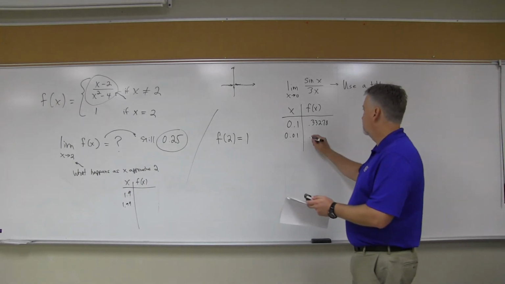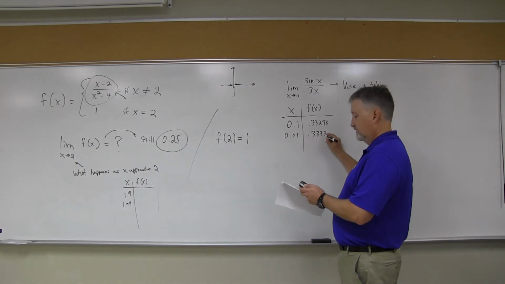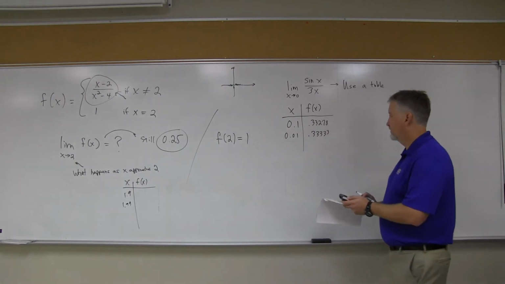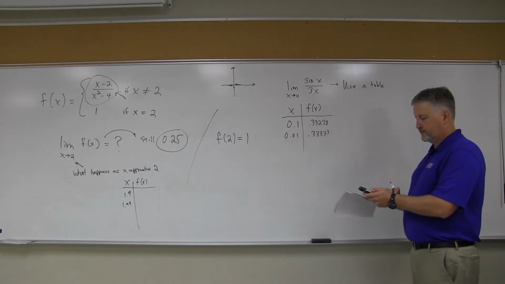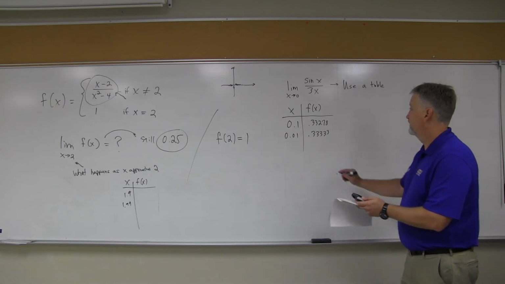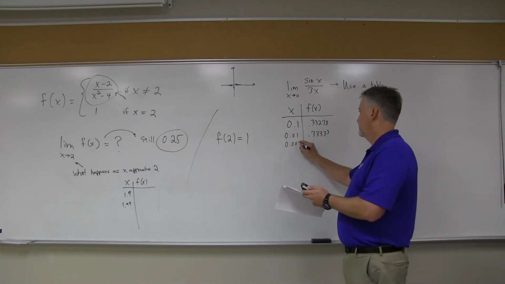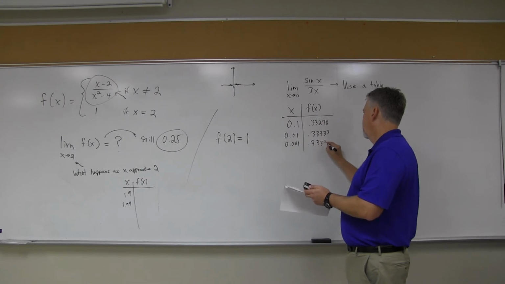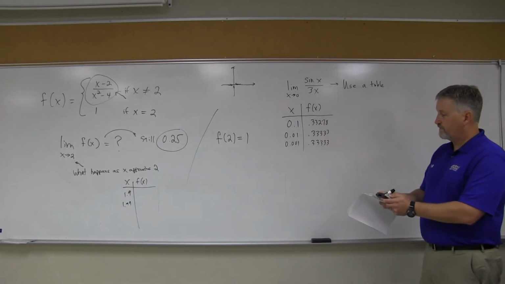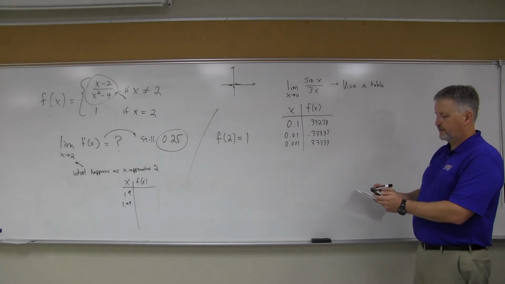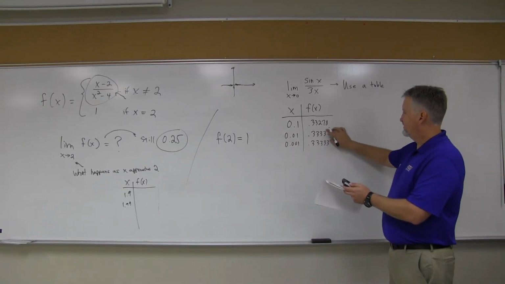And it gives me 0.333. And then if I go to 0.001, I think we'll see already what's going on. It's also 0.33.